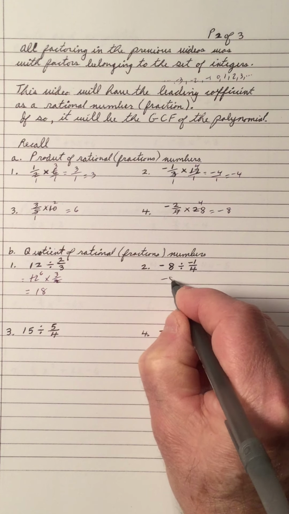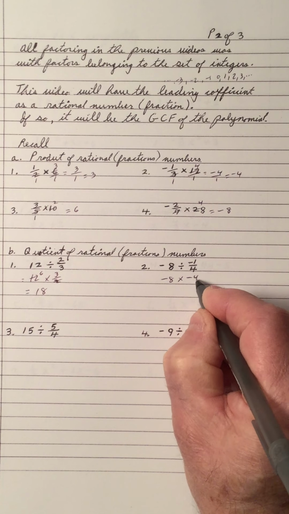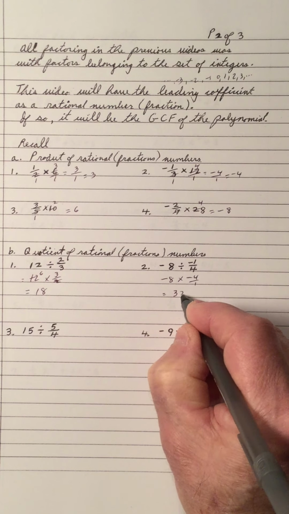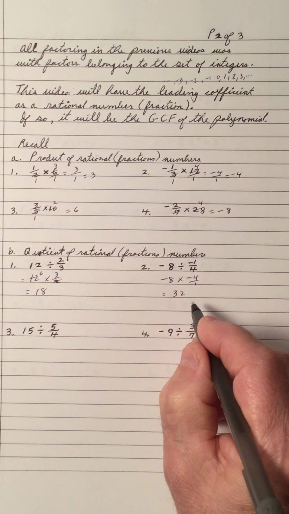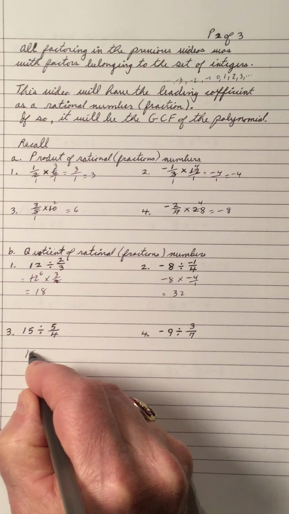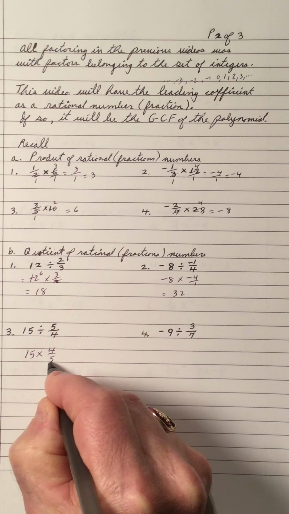Again, when we're dividing, we multiply by the reciprocal. And the reciprocal of -1/4 is -4 over 1, or just -4. Now we get no cancellation. We get just 32. And number 3, this is 15 times the reciprocal, which is 4 over 5.